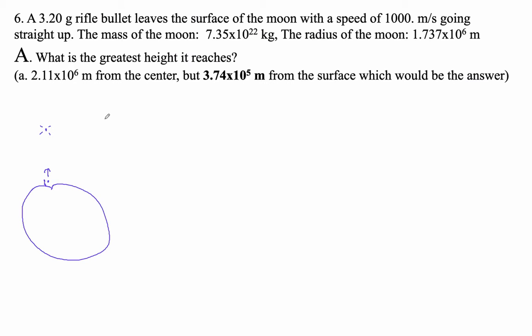So our energy is going to be the opposite of G, mass of the moon, mass of the bullet, divided by this R here, which is going to be the radius of the moon, plus 1/2 mass of the bullet, V squared.